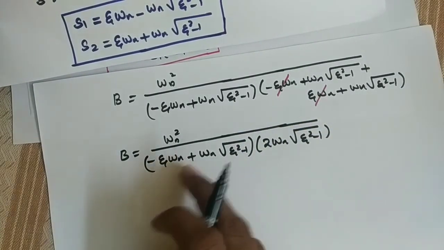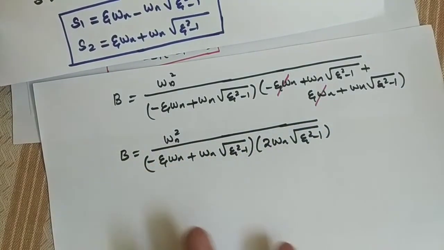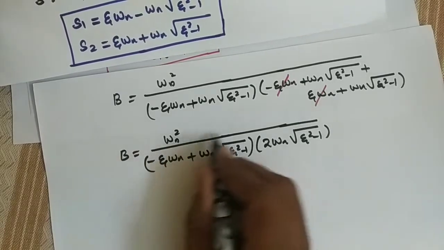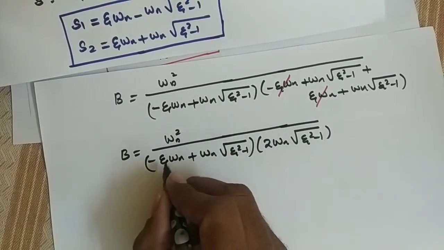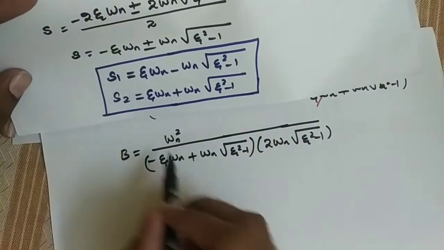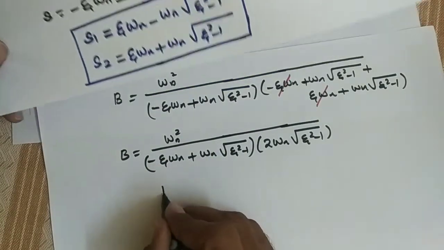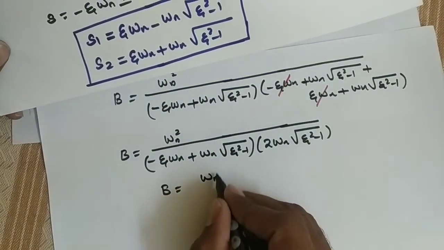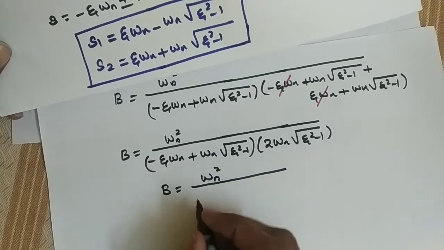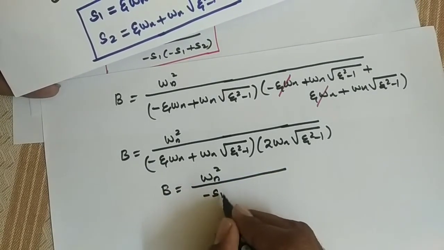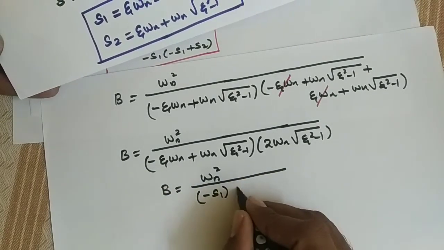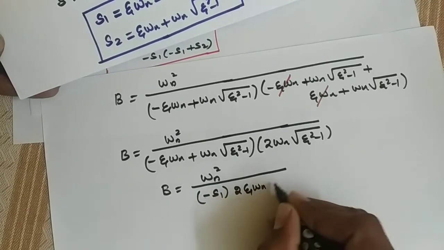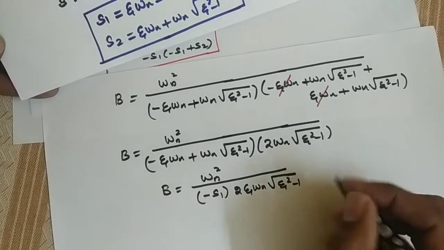We are not able to simplify after this step, so again convert the same polynomial into minus S1. See, this is minus S1, is it not? So B is equal to omega n square divided by minus S1 into 2 omega n root of eta square minus 1.